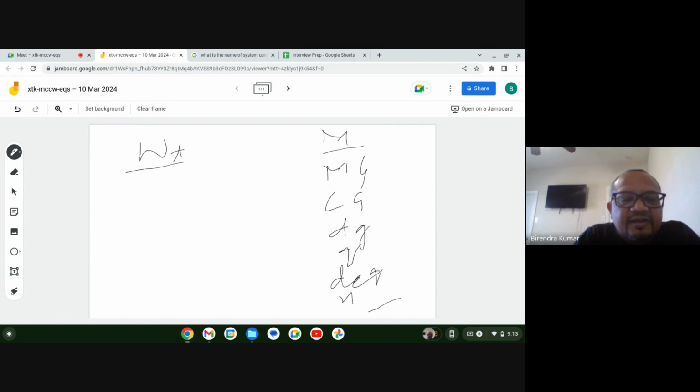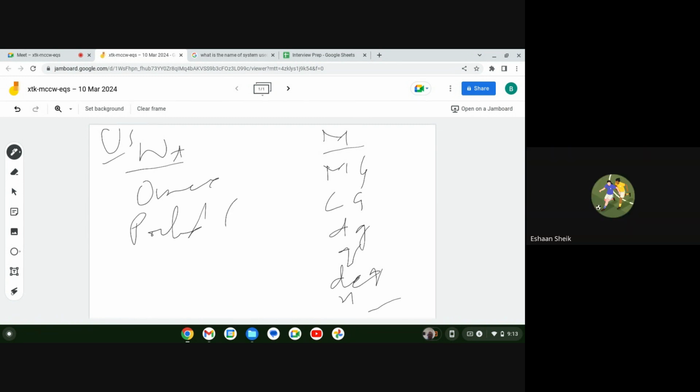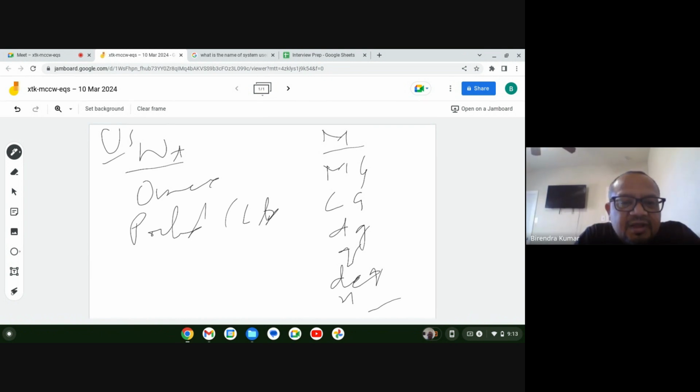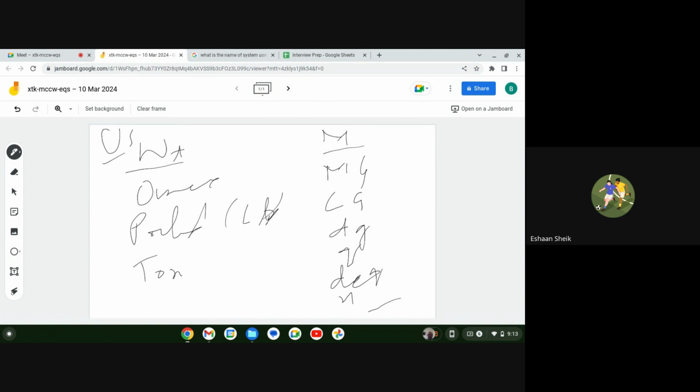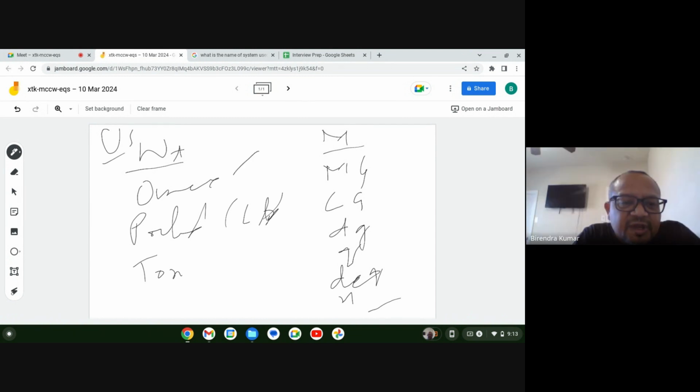Here in US customary units, you use ounce, pound, which is LB, and you use tons. That's it. So, how many ounce make 1 pound?